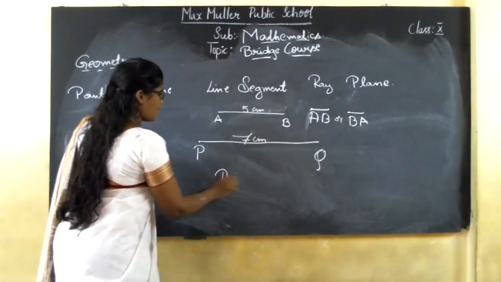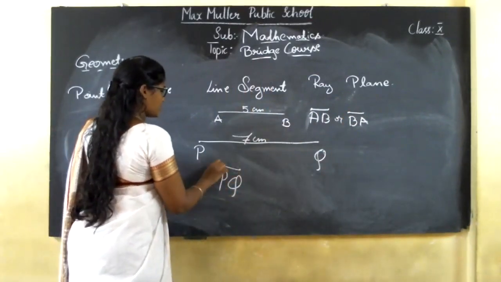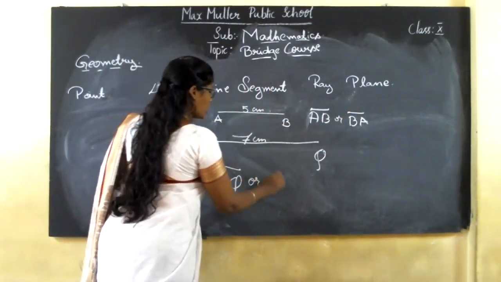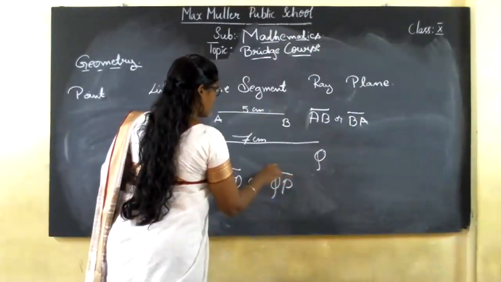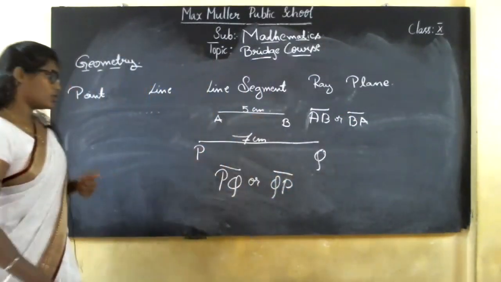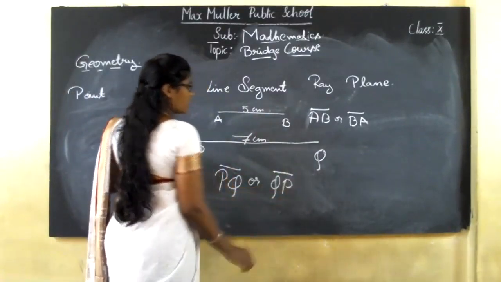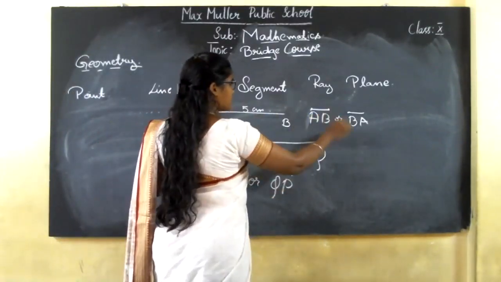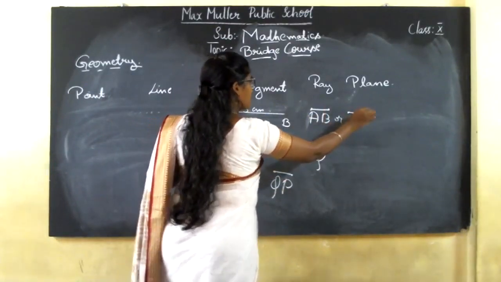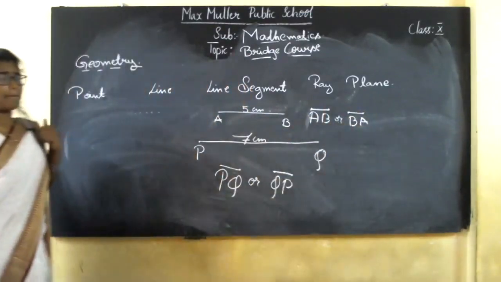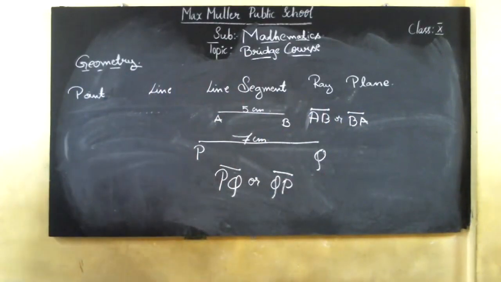Then PQ is a line segment, or QP is a line segment. I am telling you children, it has end points. It cannot be extended. If it is extending, it is a line. If it is not extending, it is a line segment. Is it clear for you, the line segment?